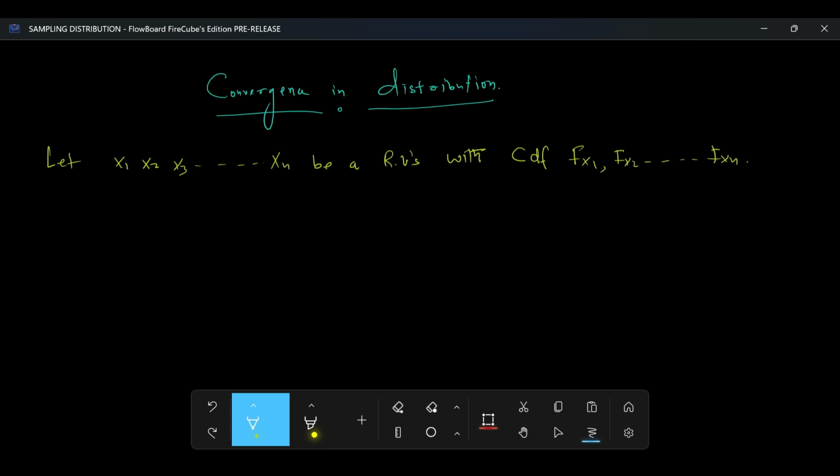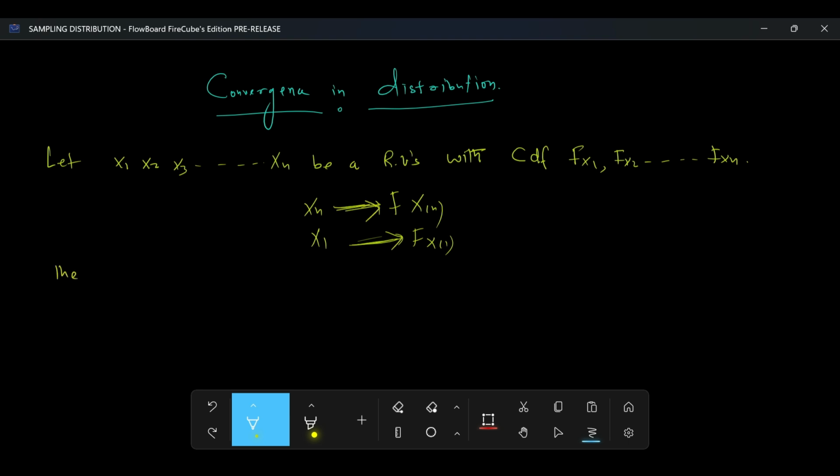Here we have the random variables with CDFs. The CDF of Xn is F of Xn. The CDF of X1 is F of X1. So this is not the sign of a convergence here.